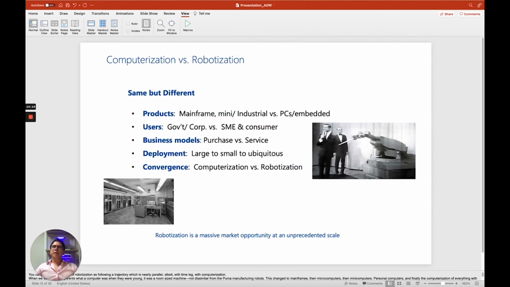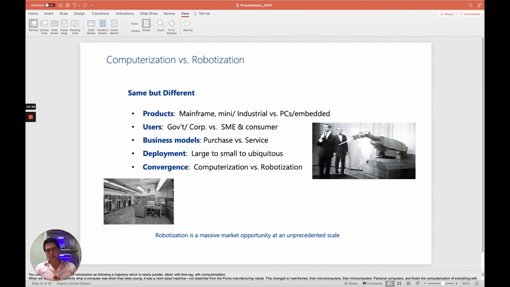So I'd like to talk about computerization versus robotization. They're the same, but they're different. Products went from mainframe to mini computers, industrial computers versus PCs, and embedded computers, which are in everything. The users were governments and large corporations, versus today's SMEs and consumers.